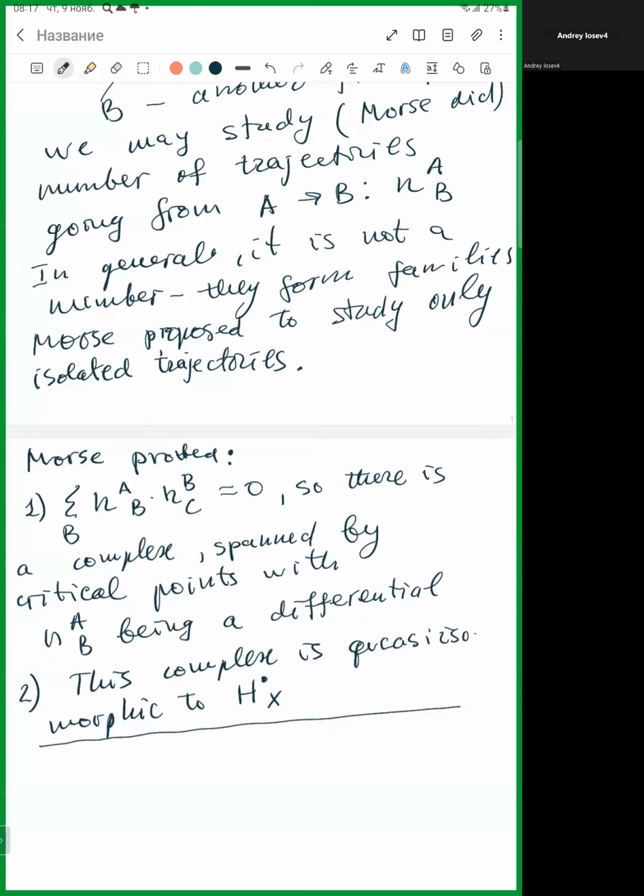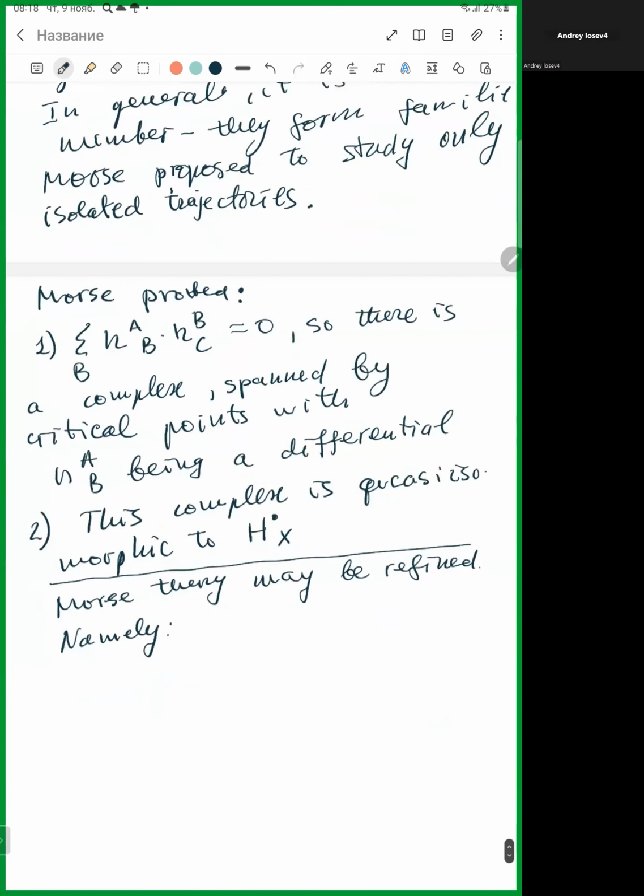However, now we know that Morse theory may be refined, namely, consider new numbers.